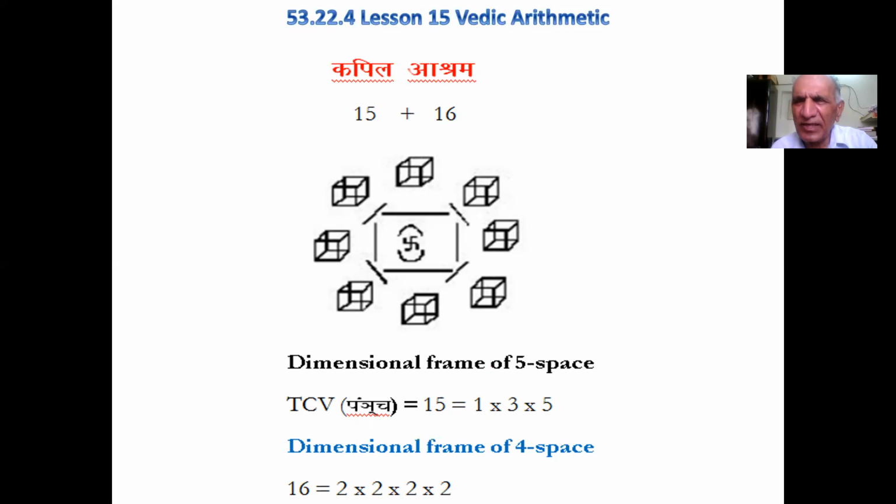And this value 31 is equal to the TC value of Srishti Yagya, the yajna of creation. The creation yajna, Srishti Yag, is the TC value 31 and it is equal to the value of the Kapil Ashram.